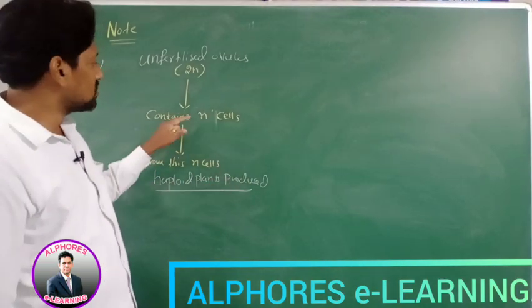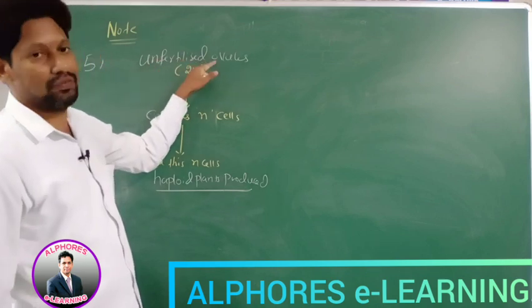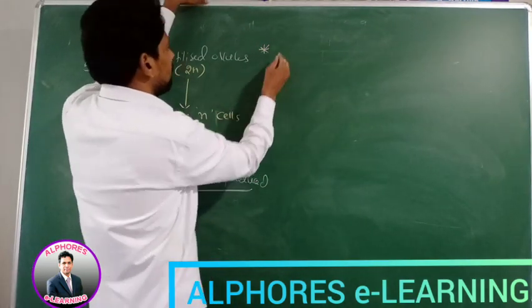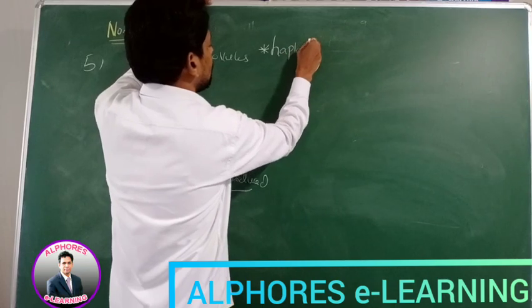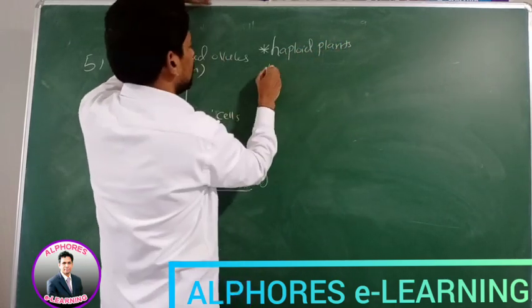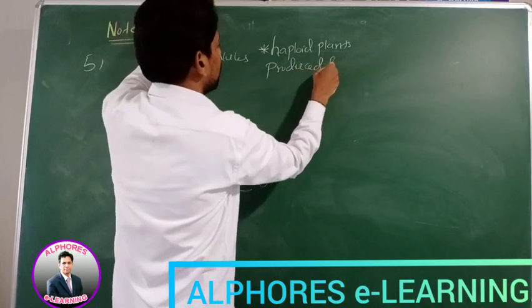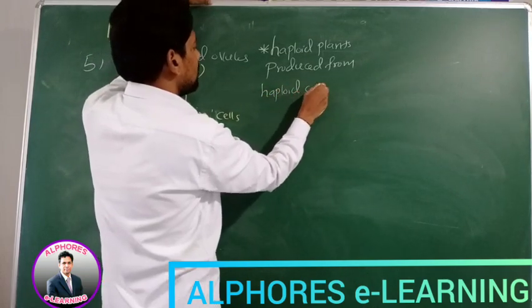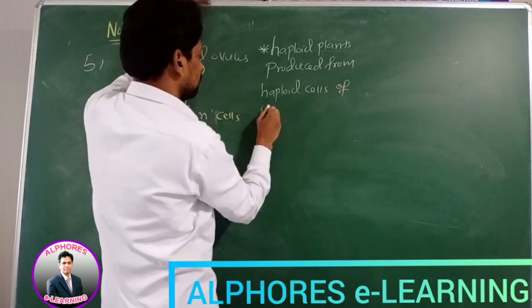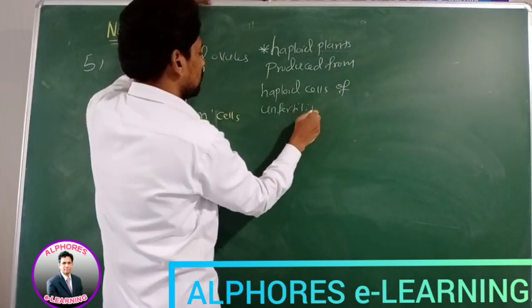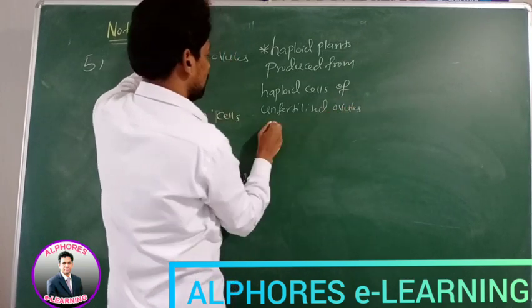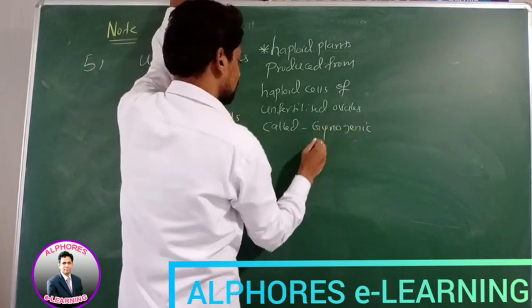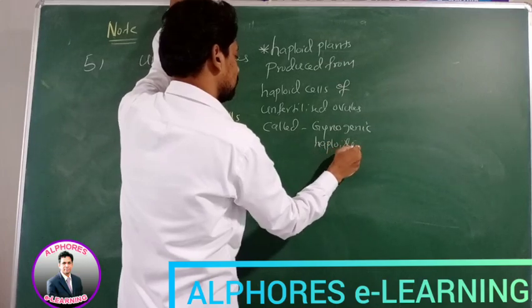Now listen here. Haploid plants produced from haploid cells of unfertilized ovules are called gynogenic haploids.